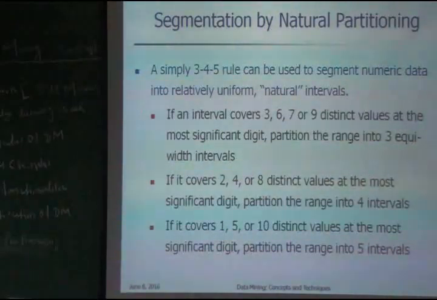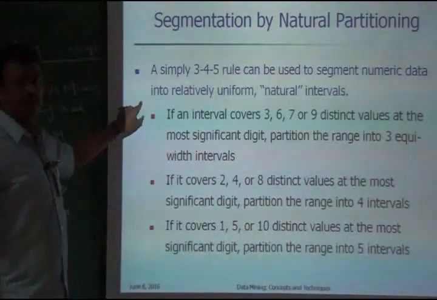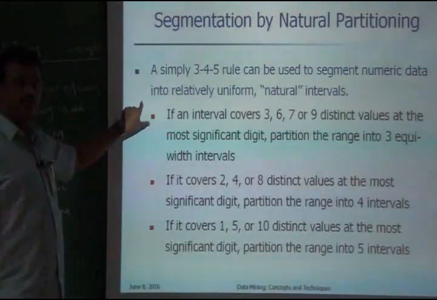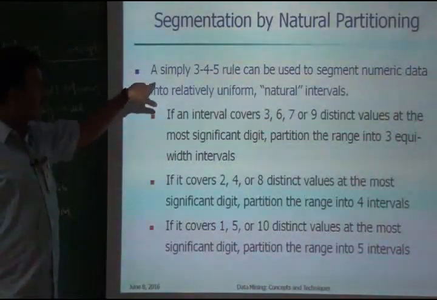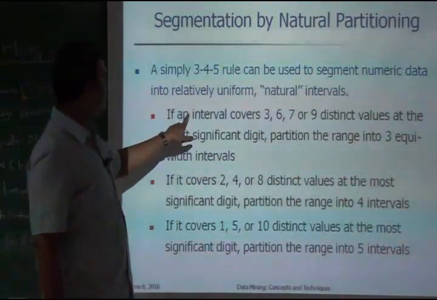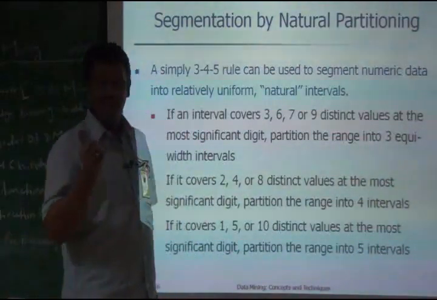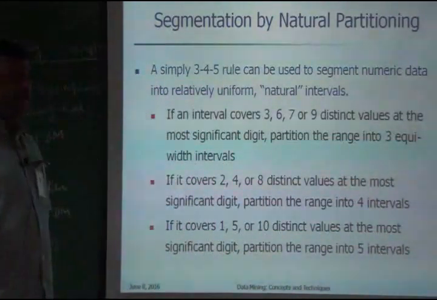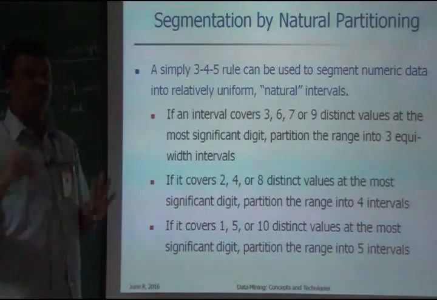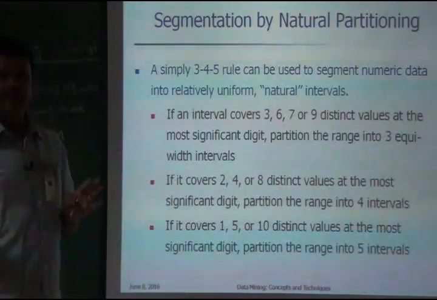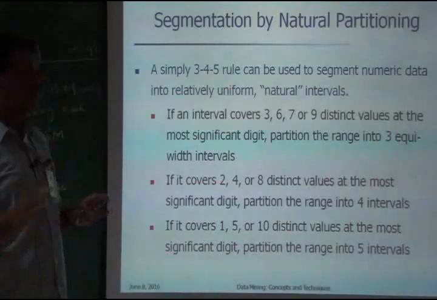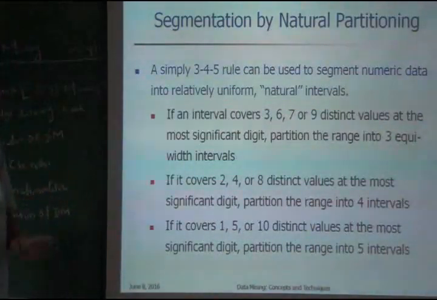Then the next one, segmentation by natural partitioning. Here they are going to use the 3-4-5 rule. What do we mean by the 3-4-5 rule? It's very important. If an interval covers 3, 6, 7 or 9 distinct values at the most significant digit, we partition the range into 3 equi-width intervals, meaning 3 equal intervals.